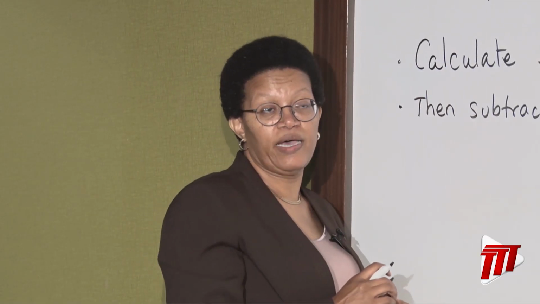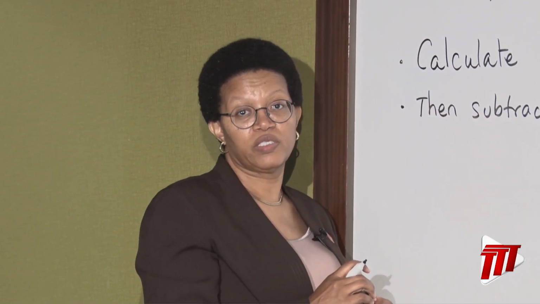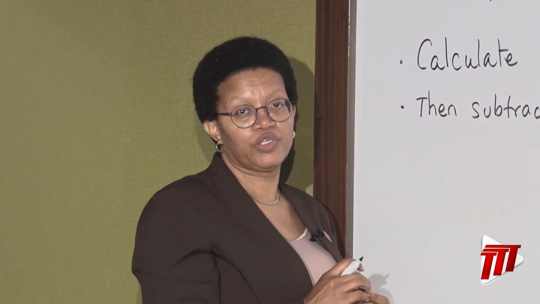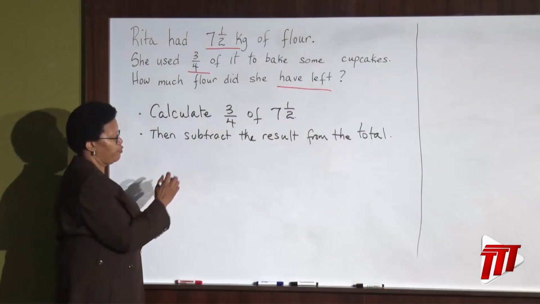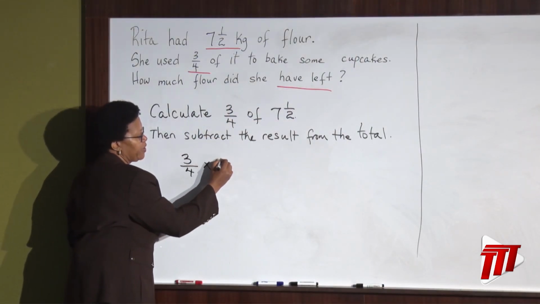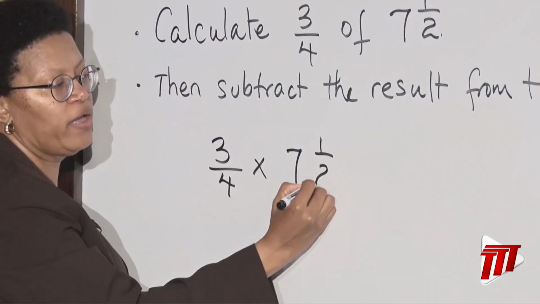Okay, we are going to calculate 3/4 of 7.5. For this, we will use the operation of multiplication. We can write this as 3/4 multiplied by 7 and 1/2.